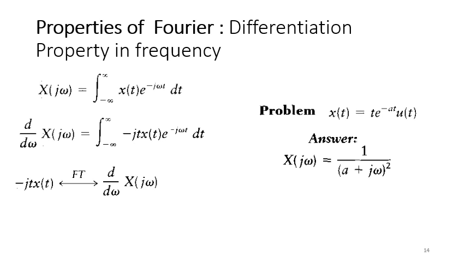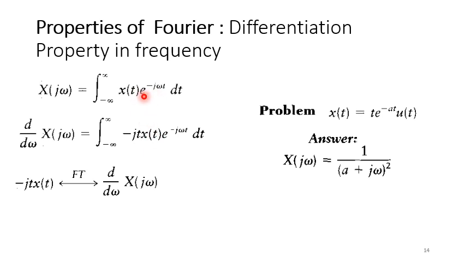Okay, so if I differentiate the analysis equation with respect to omega, because we are in the frequency domain, then x of t will be constant because we are differentiating with respect to omega.